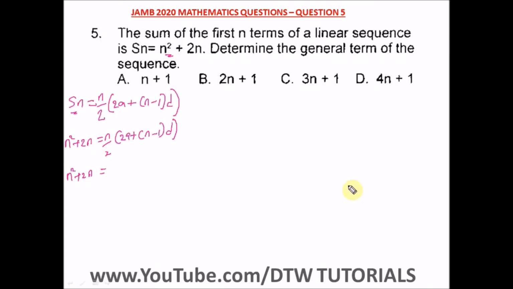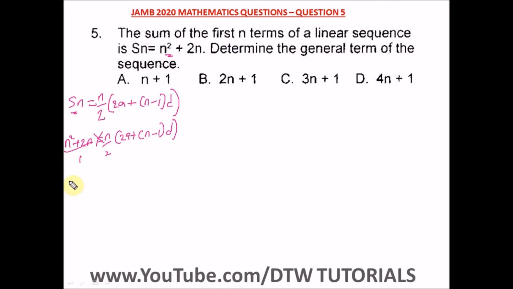Instead of opening a bracket, I want to make it easier for us. Since we have an equals sign, why not cross multiply, so that these two multiply whatever I have here, and we know that this is 1 over 1 multiplies this.